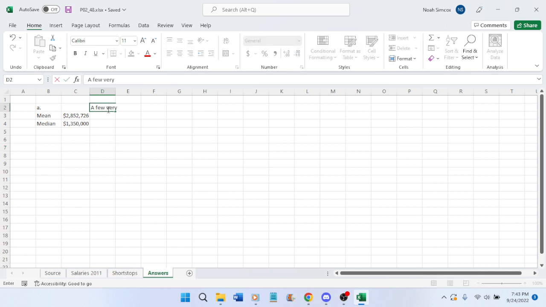A few very high salaries are influencing the mean, causing it to be significantly higher.